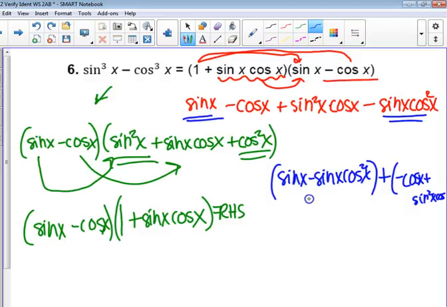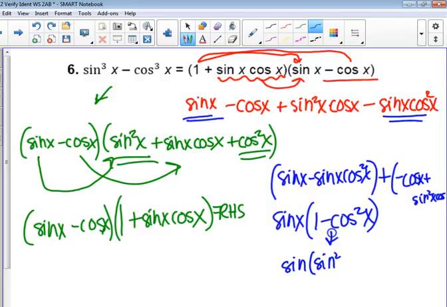Then, yeah, I got lost because I wrote too much stuff here. But you take out a sine here. I'm grouping, guys, but I'm rearranging the order. So then I have 1 minus cosine squared. And what is a 1 minus cosine squared? A sine squared. So I ended up with a sine times a sine squared, which is a sine cubed.